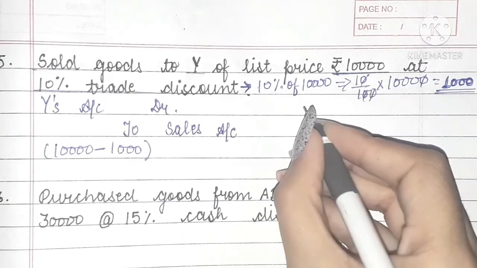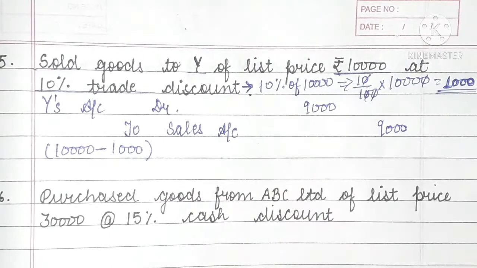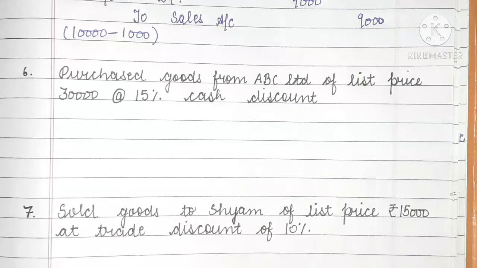It is rupees 9,000. So here we'll do the transaction with rupees 9,000. In case of trade discount, the entry remains the same, but we calculate the amount of the discount and show it in the transaction.